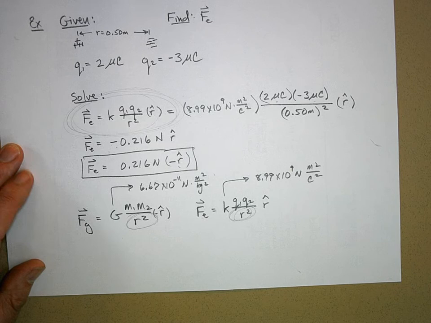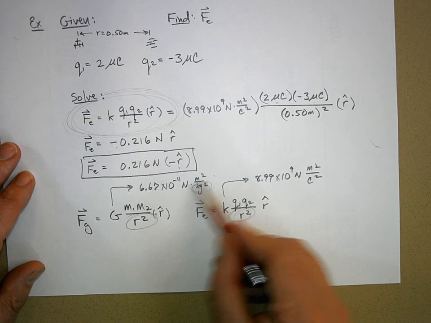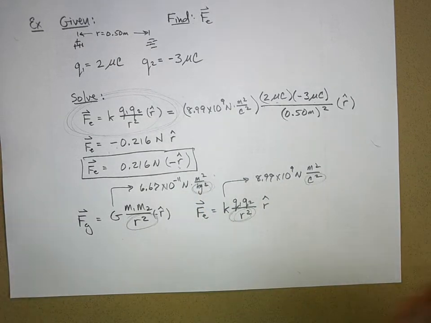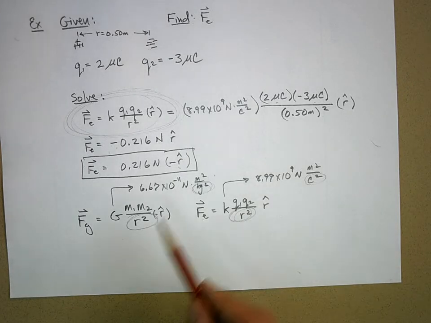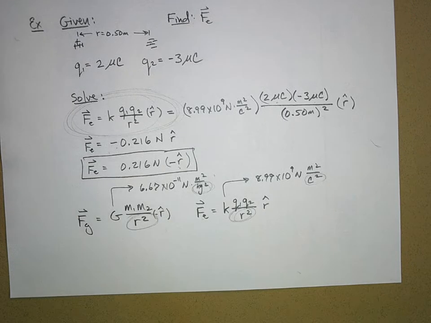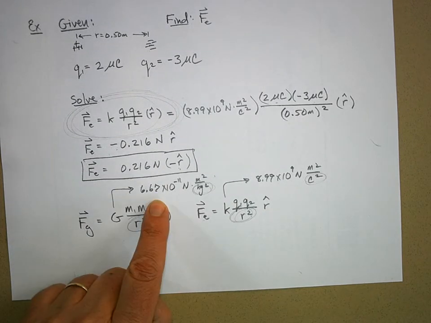Now, how a kilogram compares to a Coulomb, they're totally different things, and how big a Coulomb is arbitrary compared to how big a kilogram is. But I think you can still see something here. Gravity is an incredibly weak force compared to the electric force.